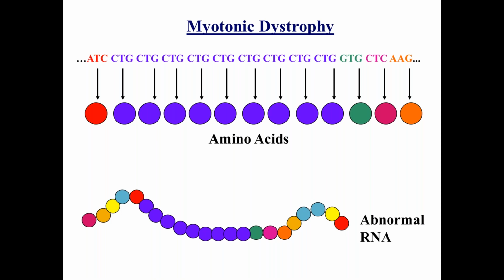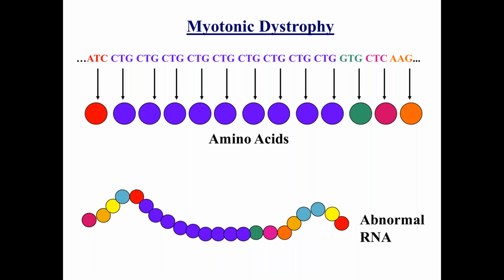We cannot get specific like that with genetic testing. This is really a general type of thing: with more repeats, the earlier the age of onset, but it's not something that we can use to predict what's going to happen for one individual person. So that's important to keep in mind.